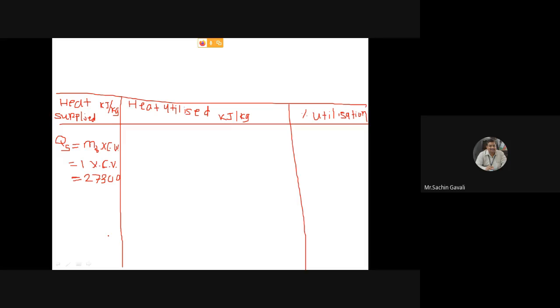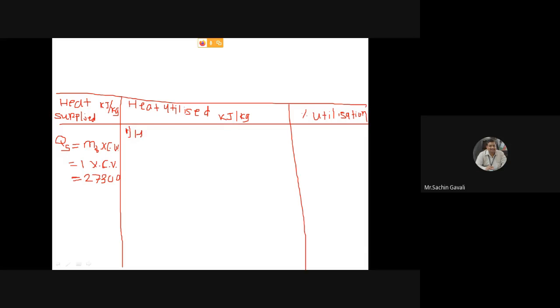Yes, sir. Okay. Now here, utilization, first column of utilization. What is the first column of utilization? What are we considering? What is the main purpose of a boiler? Heat utilized to convert water into steam.